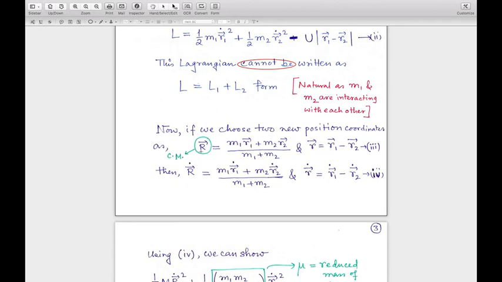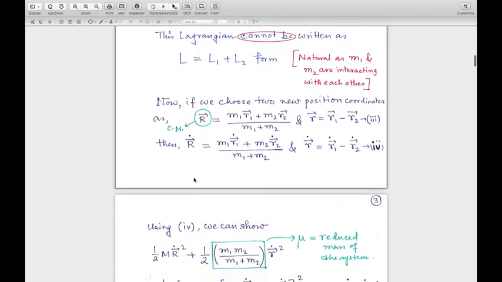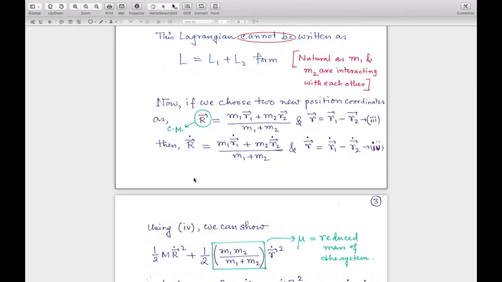So if this is the position of the center of mass, then this is the velocity of the center of mass. Now, to be very honest, as we discussed in lecture number 1 or 2, the center of mass can or cannot be occupied by a real particle.